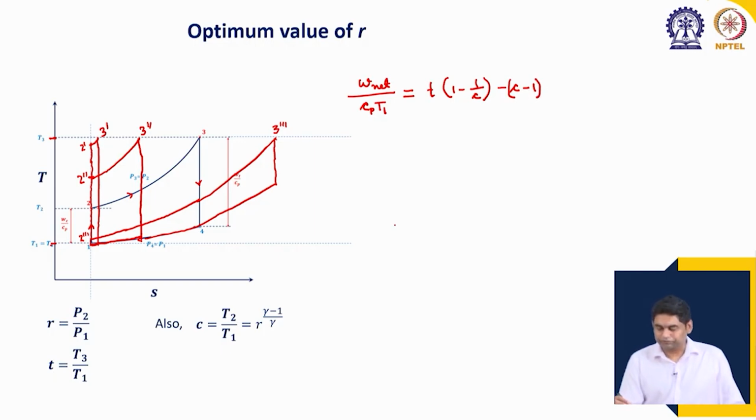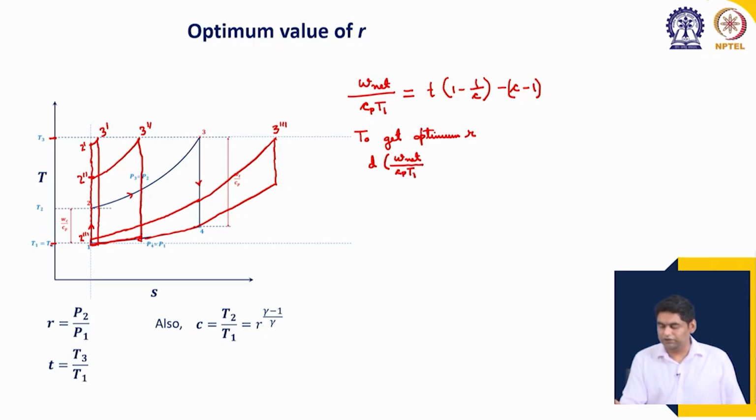So, to get the optimum value of R, we take a derivative of this net specific work output, or more correctly non-dimensional net specific work output.